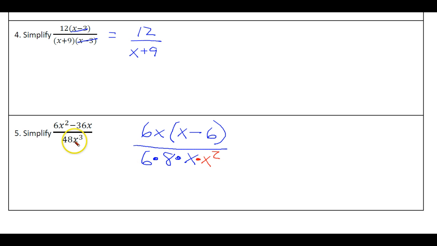Now I factored the x to the 3rd into these two factors. So now these are all factors. So here the x cancels, the 6 cancels with the 6. The x cancels with the x. And we're left with 6x minus 6 over x squared. And we shouldn't forget the 8 there as well.